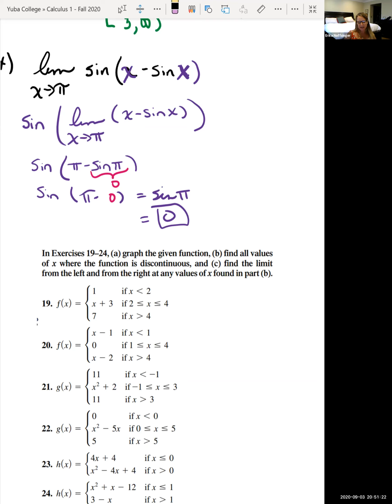So because of that theorem, I can say that this whole thing is continuous there. I stated it, I didn't write it because we're out of time. Continuous there, at x equals pi.